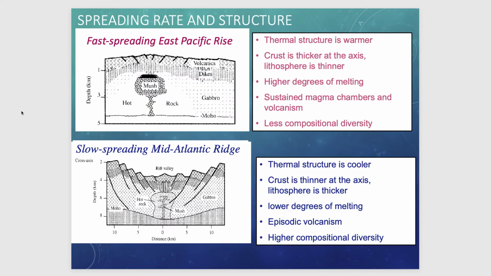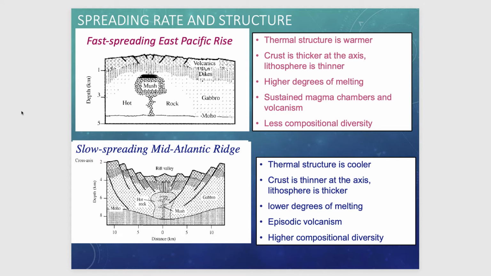Further to this, we can look at the morphology of the magmatism. Usually the faster spreading centers like the East Pacific Rise have a thermal structure that is warmer, and the crust will be thicker at the axis. Instead, the lithosphere usually is thinner.